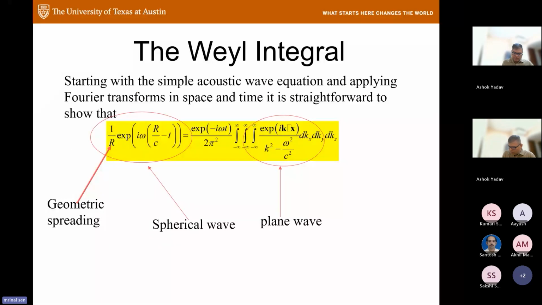So here, if you have this equation, remember, this is our Green's function, 1 over r, and this is our travel time. And in the Fourier domain, this is what it looks like. Directly, your Fourier integral gives you your plane waves here. The sum of all the plane waves will give you this.